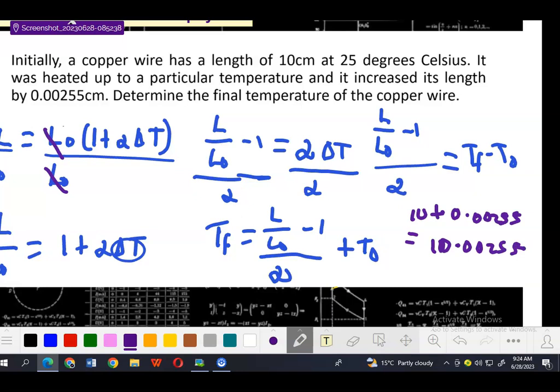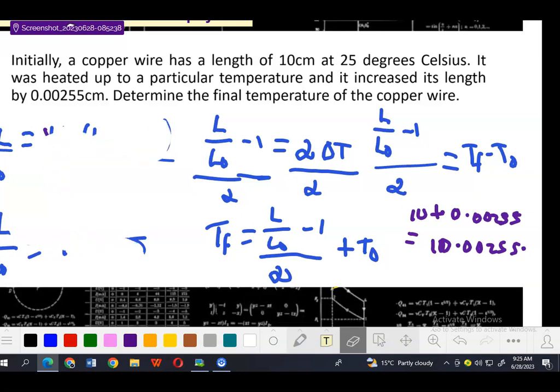So now this is going to be our final length as indicated, because we know the length is 10 centimeter at this degree Celsius, and it was heated, then it increased the length by this amount. You add the two lengths up so that we are able to get the final length. So the final length is nothing but 10.00255.